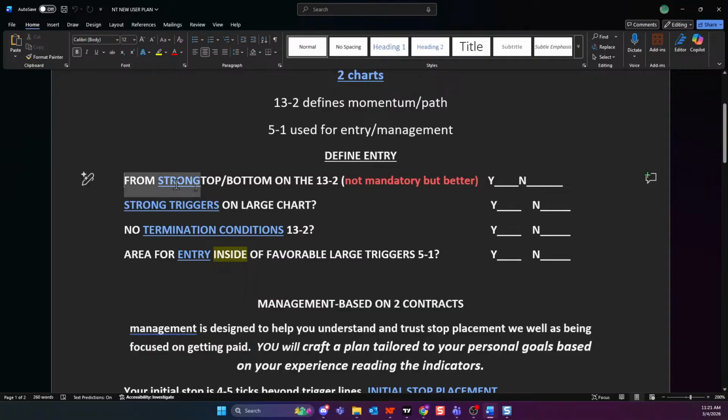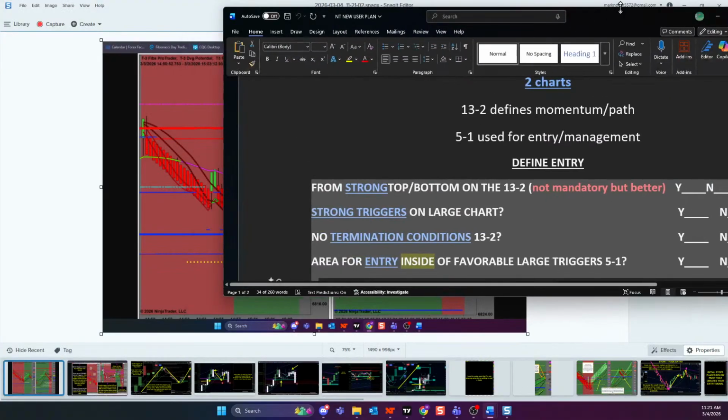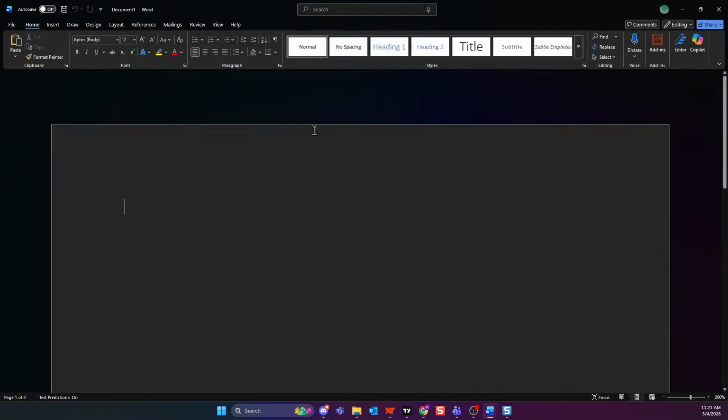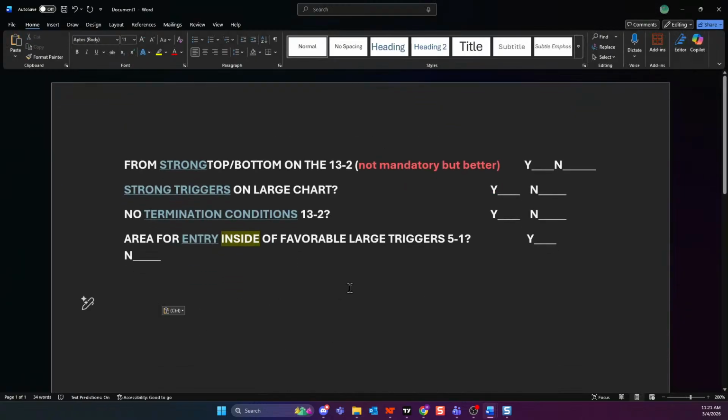Hold on. Give me just 1 second. That's Nathan's plan. From strong top or bottom on the 13-2, mandatory, not mandatory, but better, right?